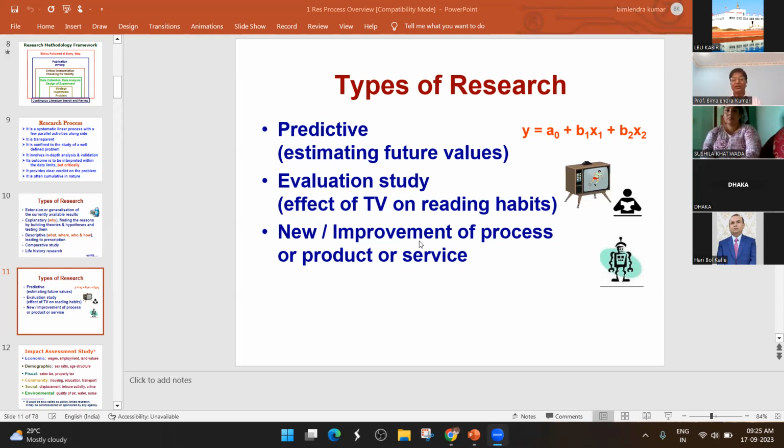So we are talking about evaluation studies and what are the impacts of TVs or mobiles or habits on the child or other society.